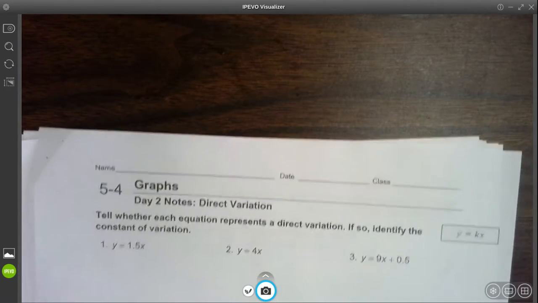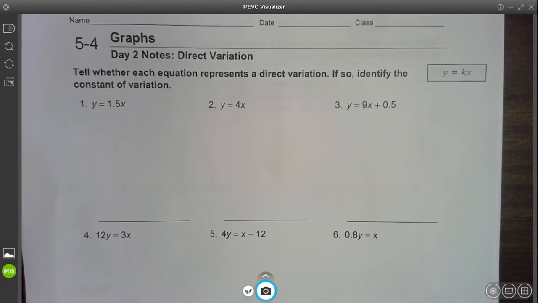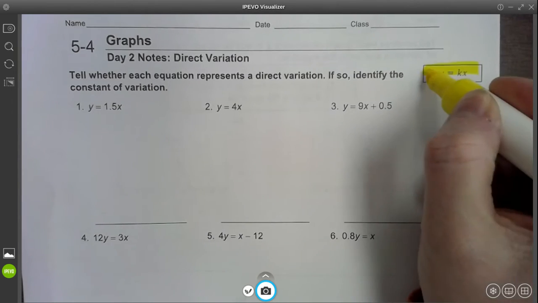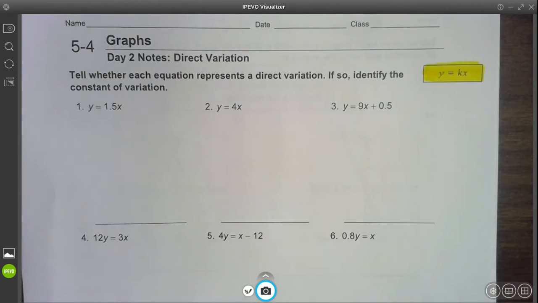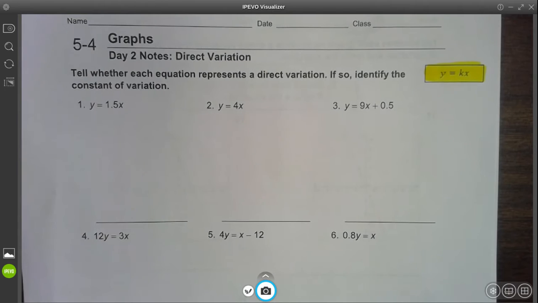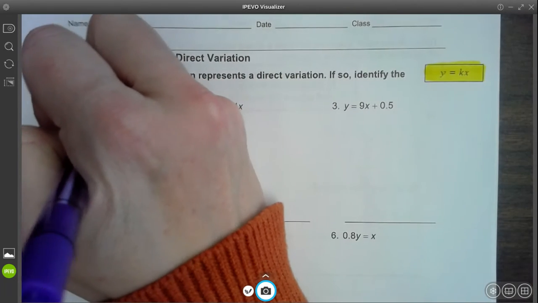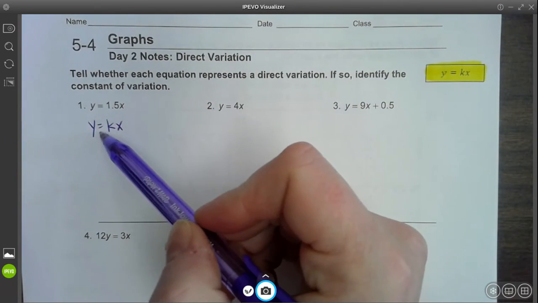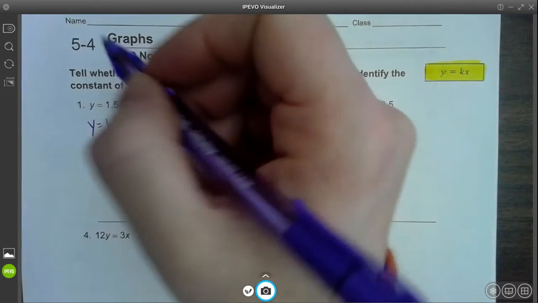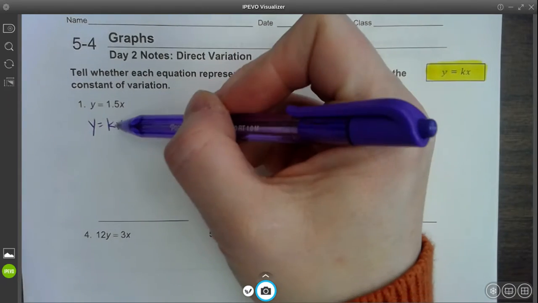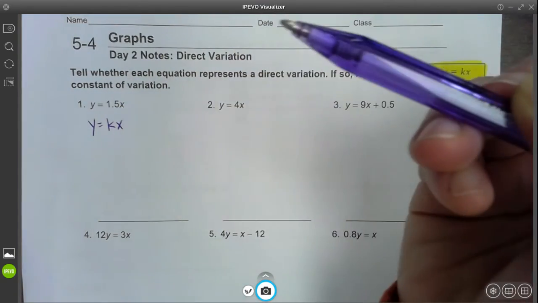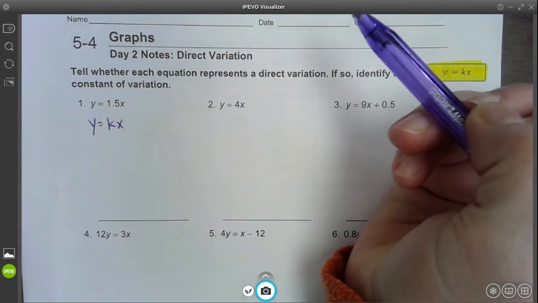Okay, so in order to identify it from an equation, this is the important part over here, we're looking for the equation to be in the form y equals k times x. So if I write that below this, y equals k times x, is this equation in that form? Here I do have y, then I have k replaced by some number, that's a constant, in this case it's 1.5, and then I have the x.